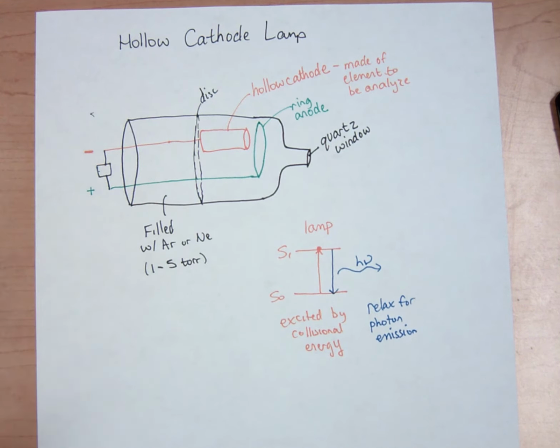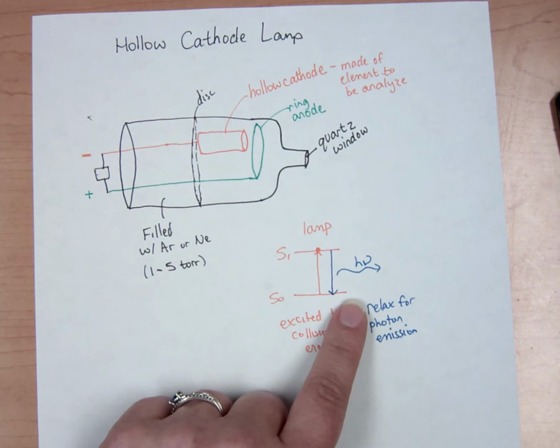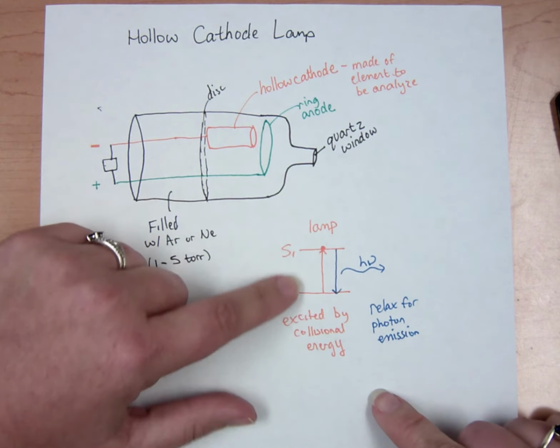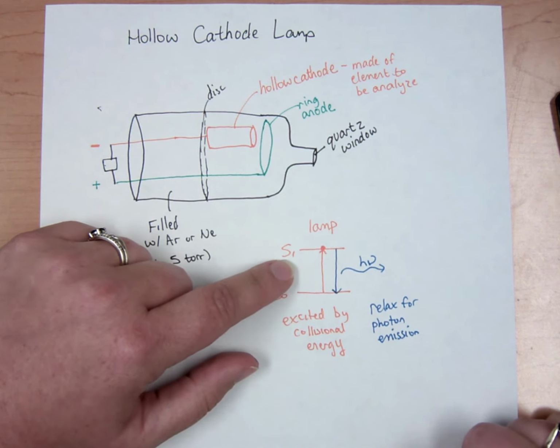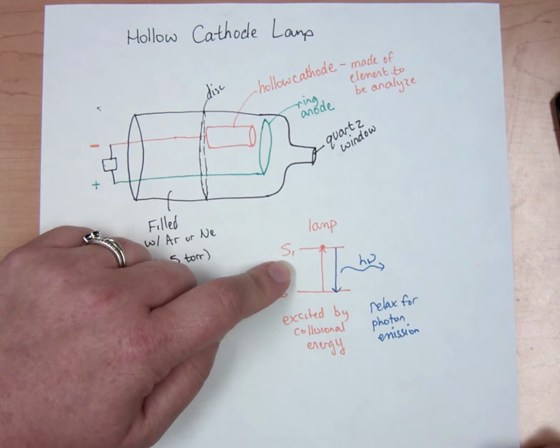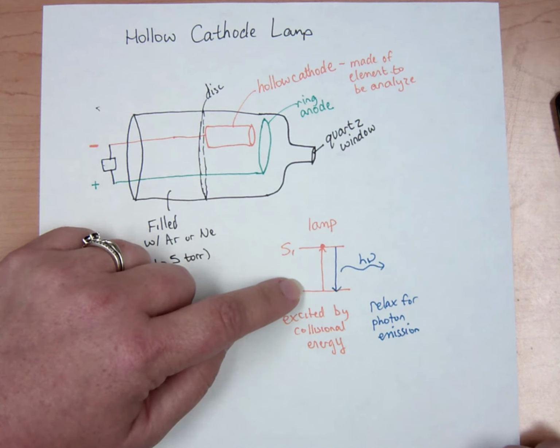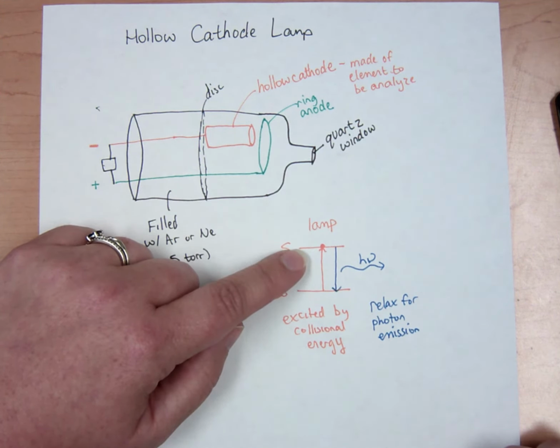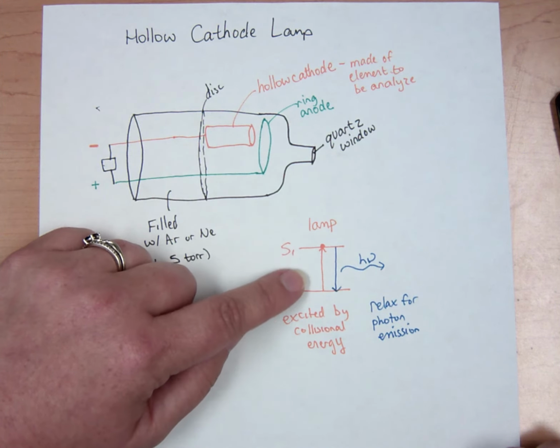Now, Dr. Tran, you might say, why do I care about these photons that are being emitted by the lamp? Well, because these transitions are so specific, and we've talked about how these don't have much difference in wavelength. These are very, very narrow absorbing bands.